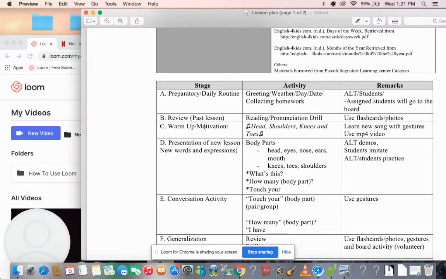Then, of course, we have the warm up or motivation. Usually you have to think about songs, a game, or an activity that you could use to introduce your lesson. Of course, the very famous head, shoulders, knees, and toes, so you have learned a new song with gestures.